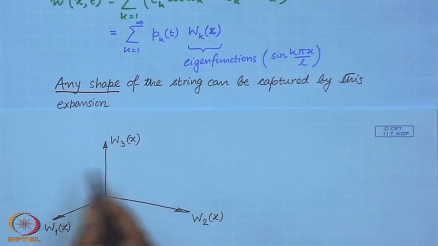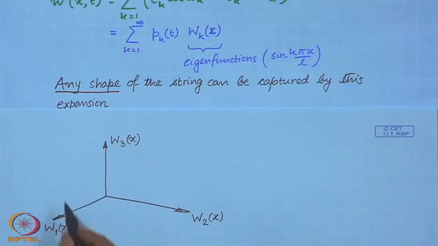Of course, there are infinitely many basis functions. Here I am drawing only 3, and with a slight stretch of imagination you can imagine that there are infinitely many such axes which are all orthogonal to one another, to represent this orthogonality property with respect to a certain inner product that we have discussed.